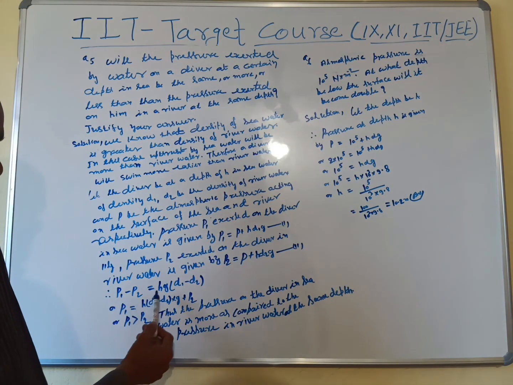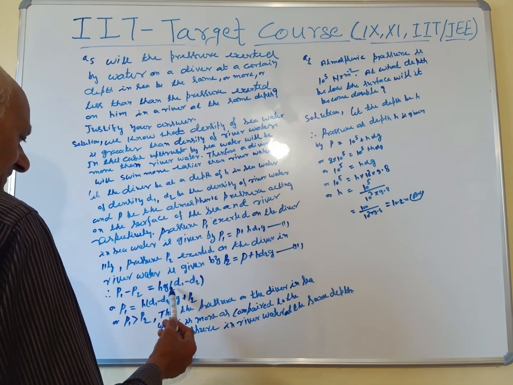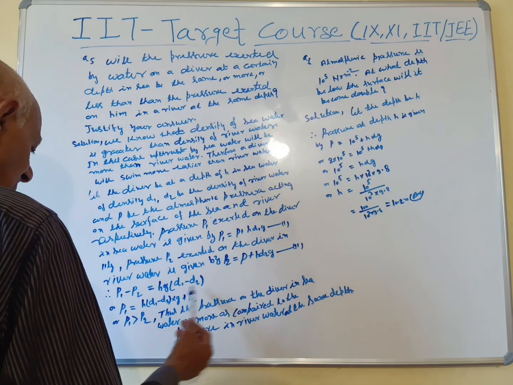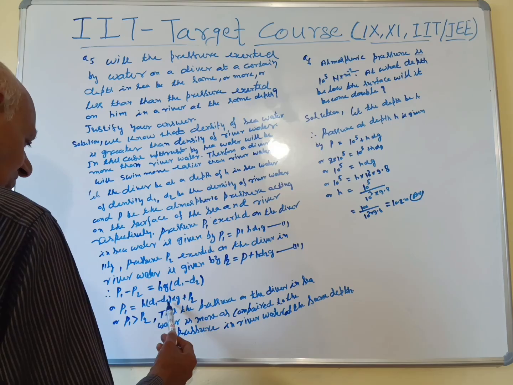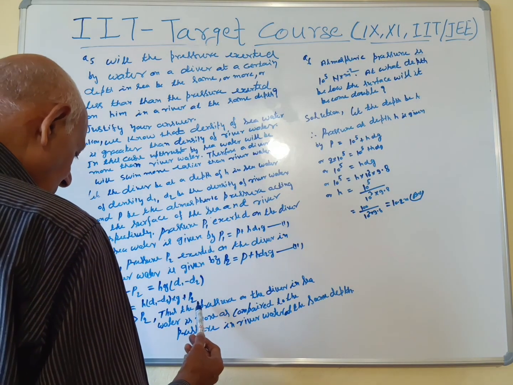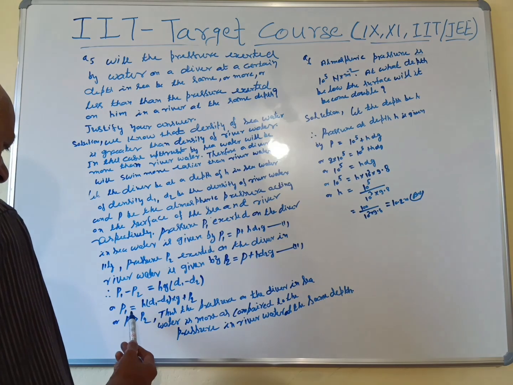Therefore, P1 minus P2 equals h g of d1 minus d2, or P1 equals h of d1 minus d2 into g plus P2.